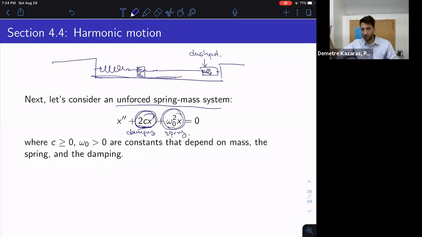So basically, you only have two forces acting on you: one from the spring, one from some damping thing like a dashpot or air resistance. Anyway, you got these two constants that completely describe the motion. They have to do with the mass, the spring, and the damping. We'll see in an example how these numbers come about.